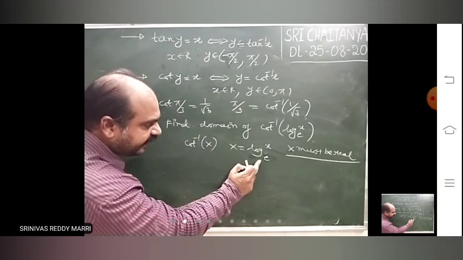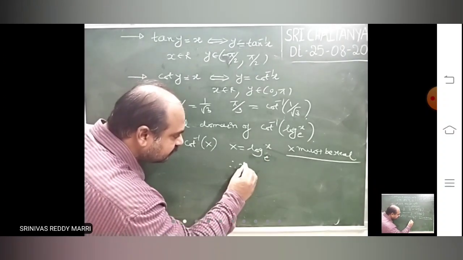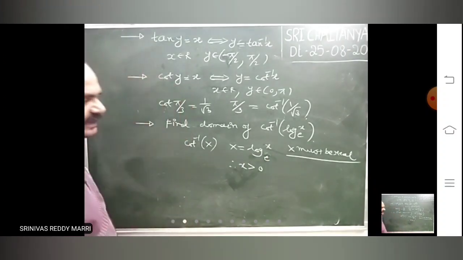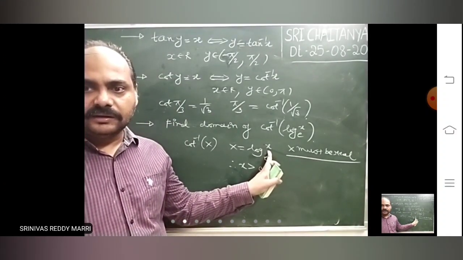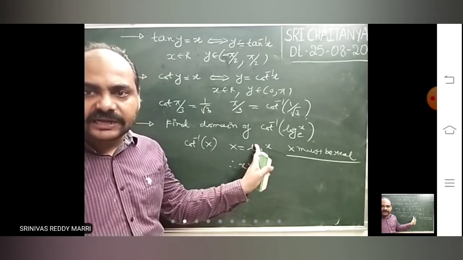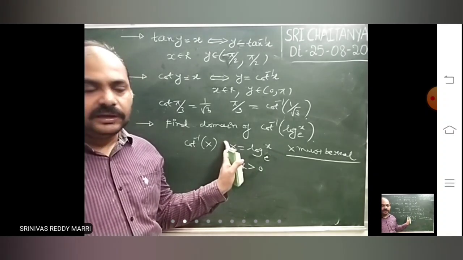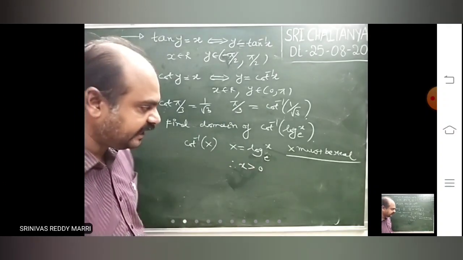The logarithm will be defined only when x is greater than 0. Otherwise the logarithm will not be defined. If the logarithm is defined, then you will get a real value. If it is not defined, you won't get a real value. That means this capital X will be defined only when this logarithm is defined.